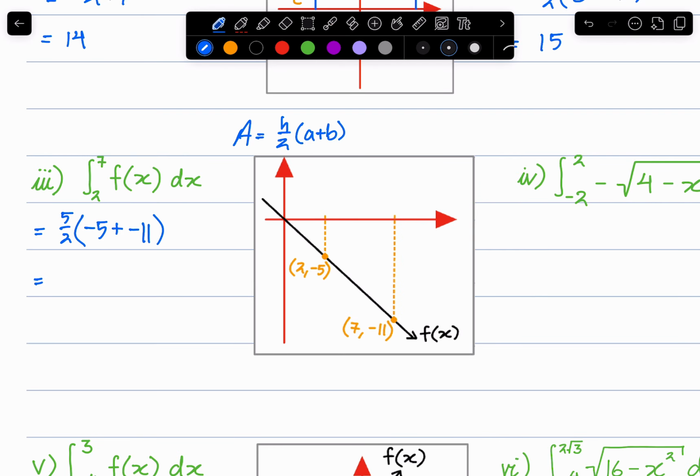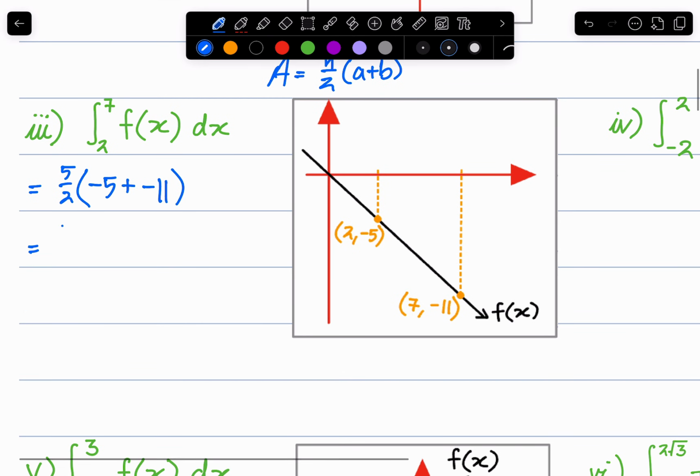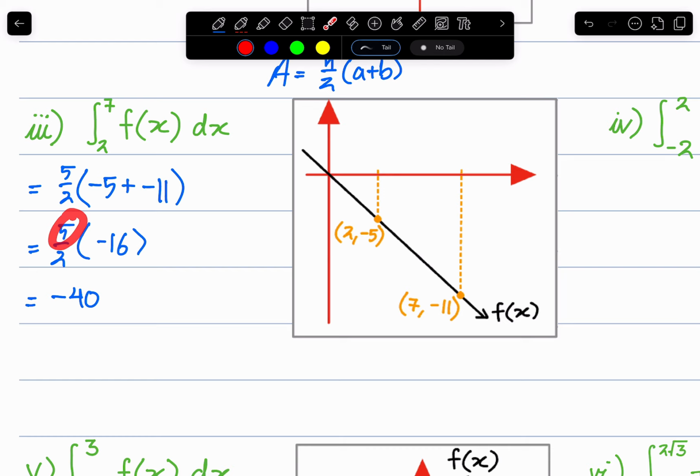I've kept it negative because this will account for the fact that the function is below the x-axis. So this will give me 5 on 2 times negative 16. Half of negative 16 is negative 8. So this will give me negative 8 times 5 is negative 40.